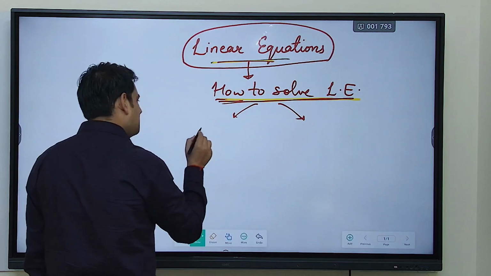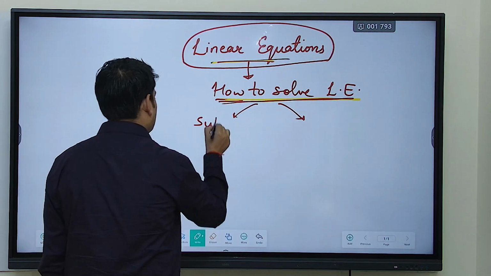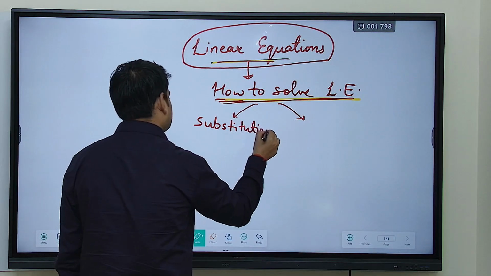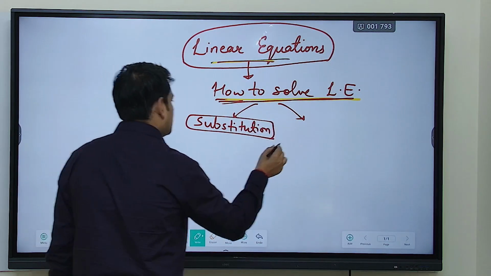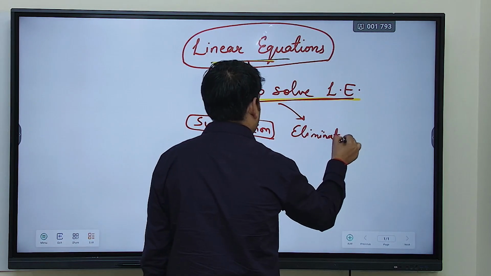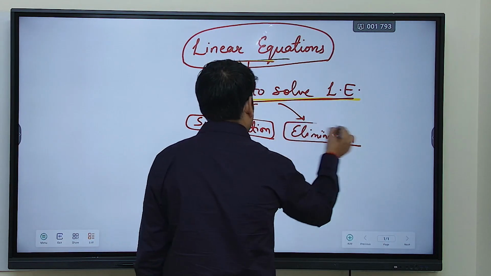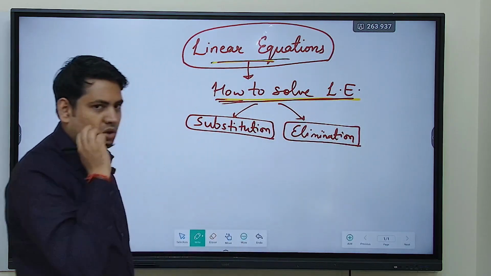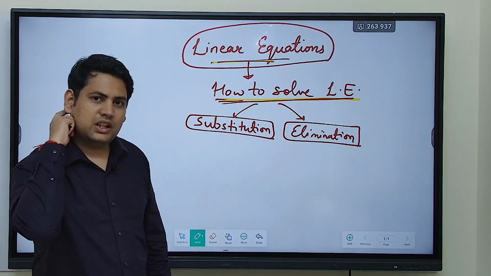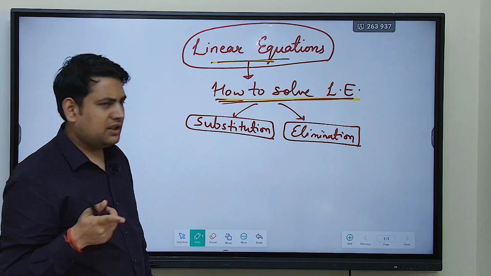People use only these 2 methods, that is substitution and the other one is elimination. These are the 2 ways of solving linear equations. First is substitution, other is elimination.